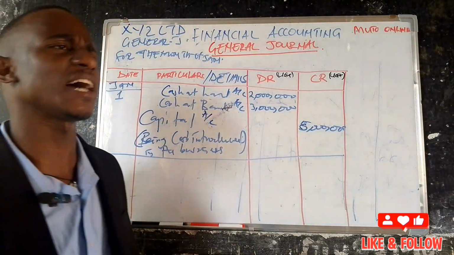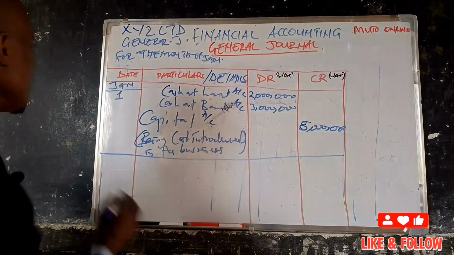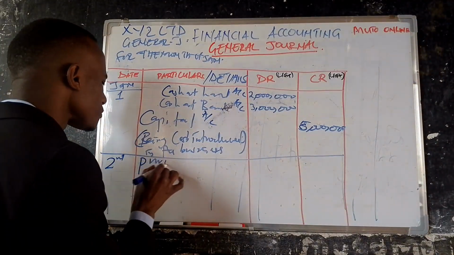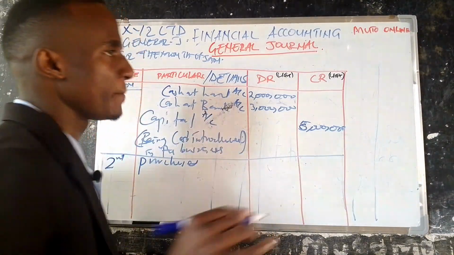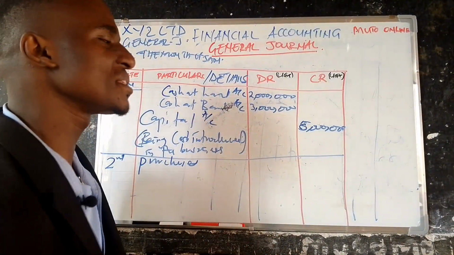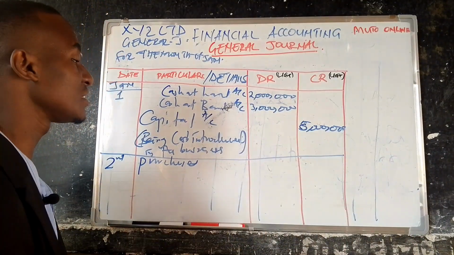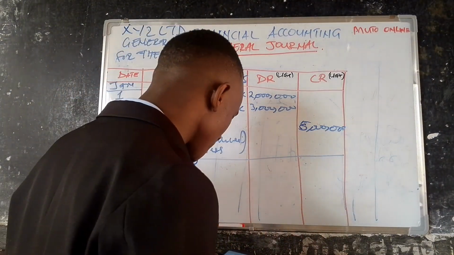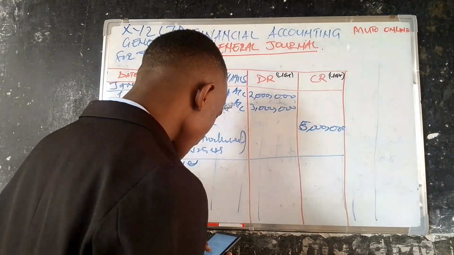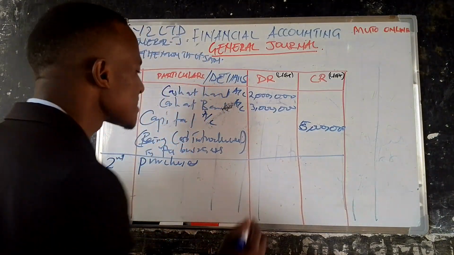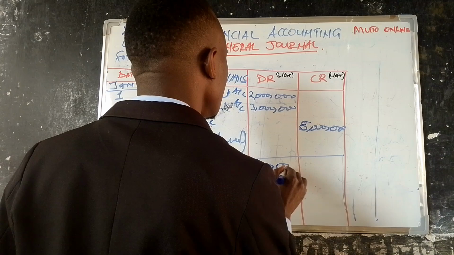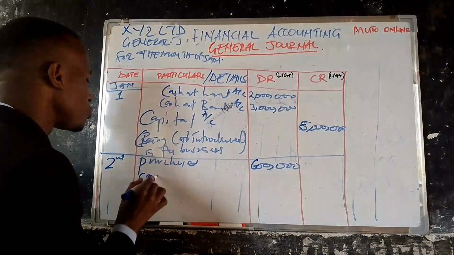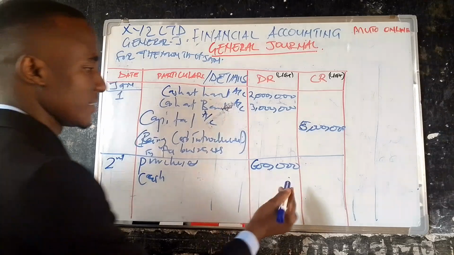It means that we lost the cash to purchases, and one may come up with this. Here we are going to debit purchases because it is purchases, it is debited from cash, and it was at that amount of 600,000, and then we lost cash to purchases.